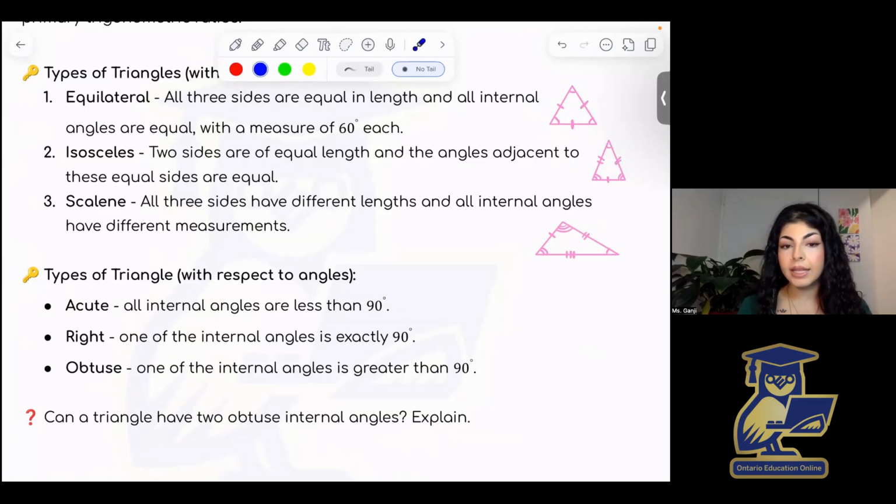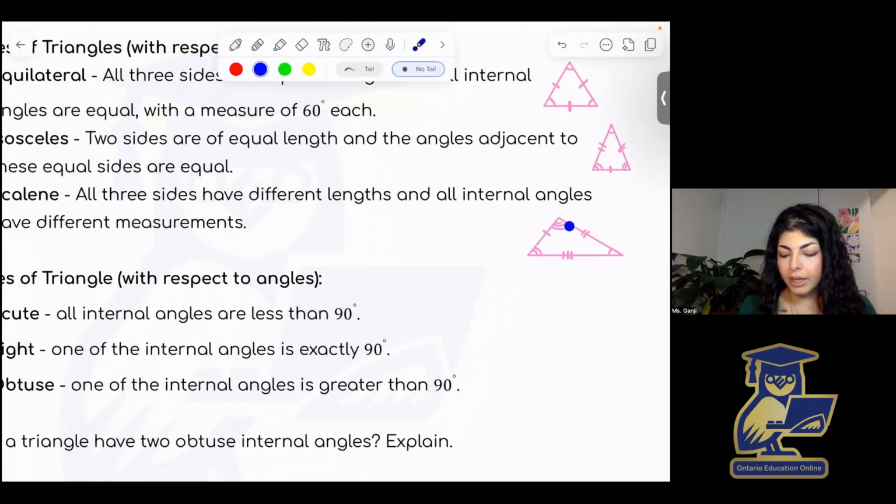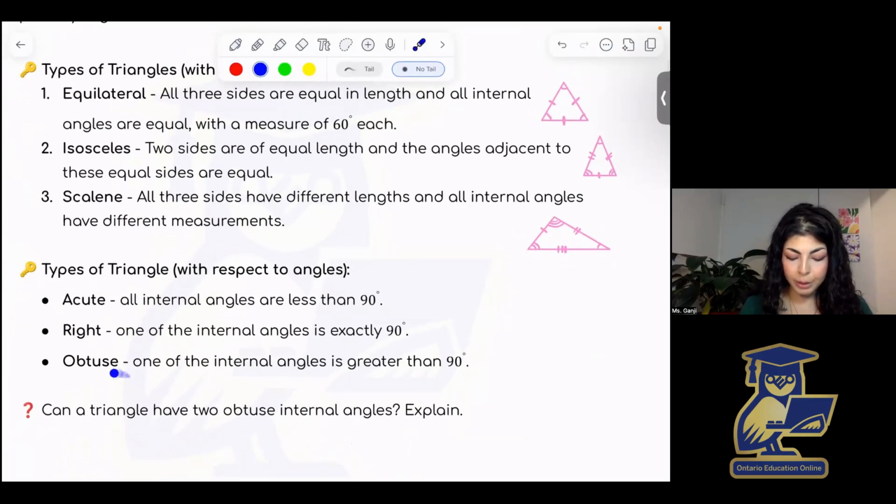And this isosceles triangle is an acute triangle as well. Now, in this scalene triangle that I've drawn, this angle could be greater than a 90-degree angle, which would make it obtuse.